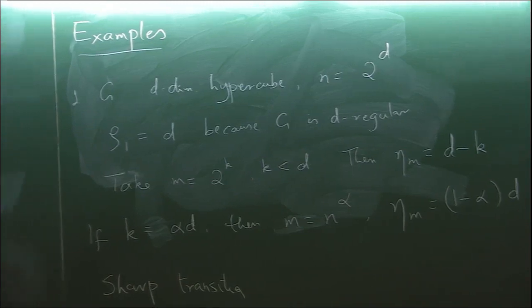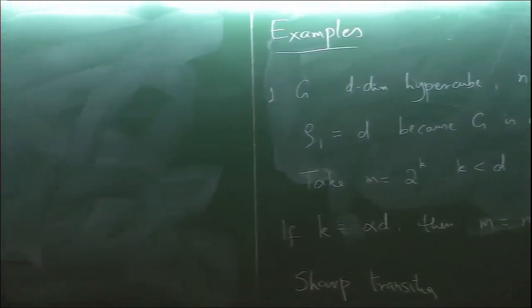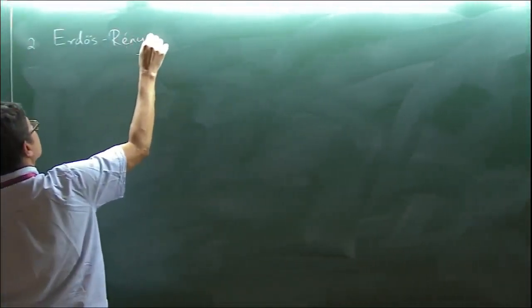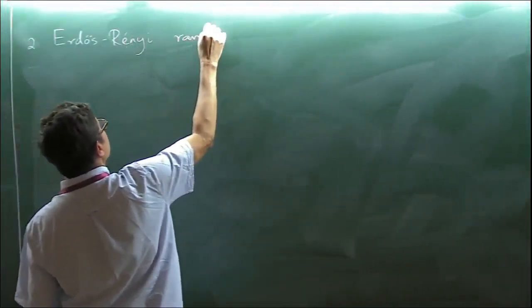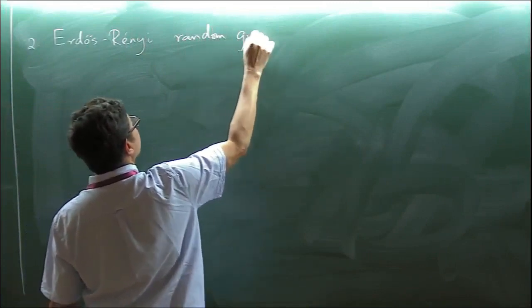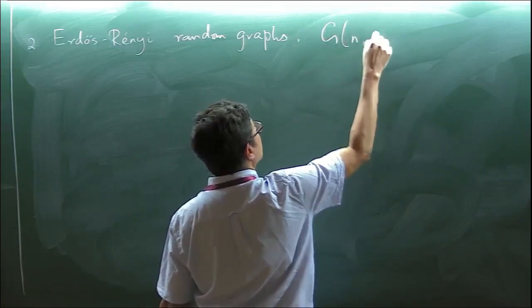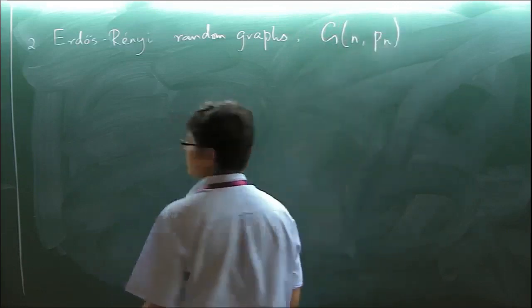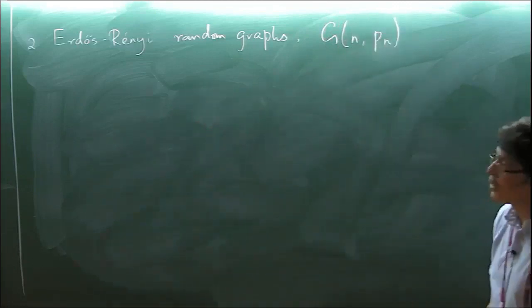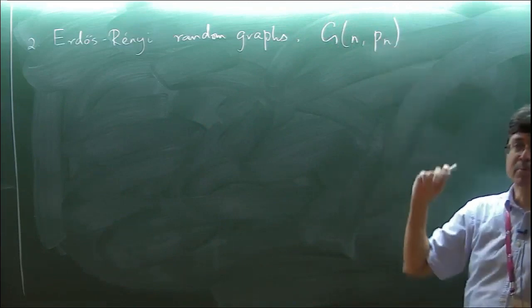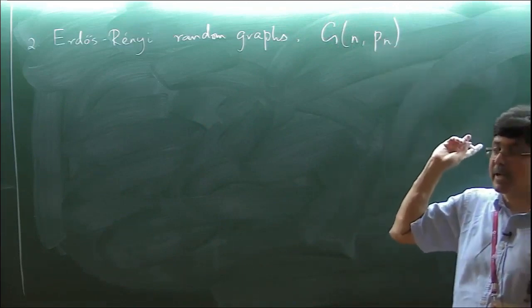A second example is Erdos-Renyi random graphs. p_n is going to be the edge probability, it will depend on n.